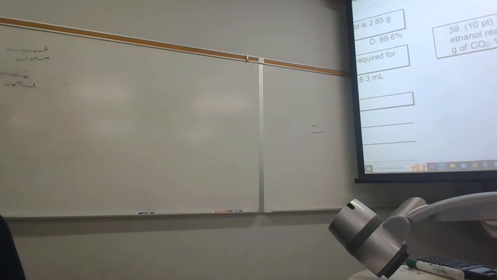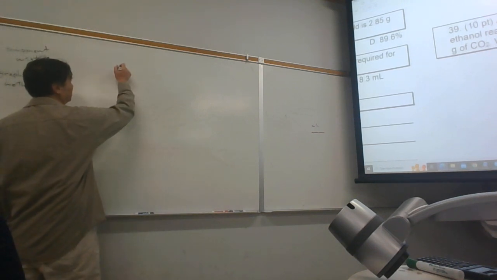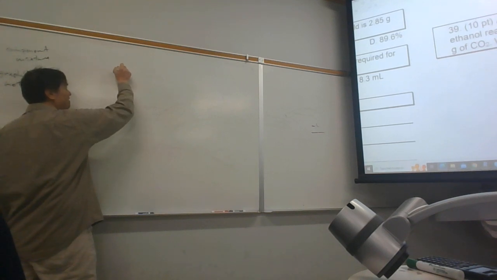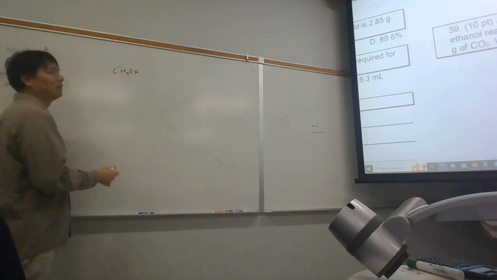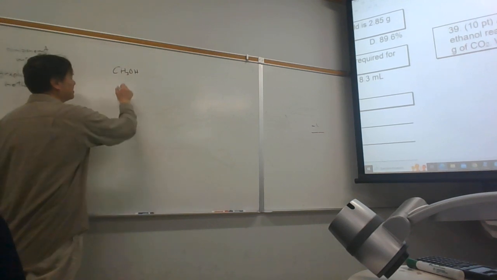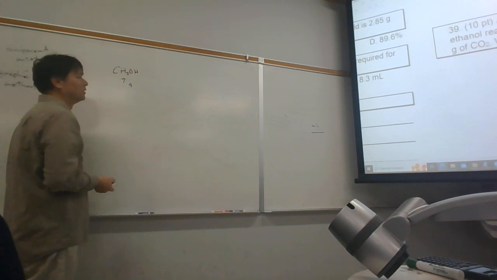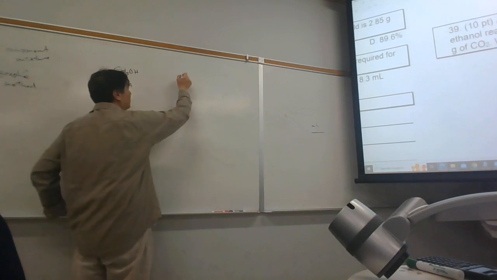And so this is a multi-part problem. What is the formula for methanol? Methanol is going to be the simplest alcohol. What is the formula for that? CH4? CH3OH. CH3OH. And so we need to know how many grams of this. Okay. And then we are going to have ethanol. What's the formula for ethanol?